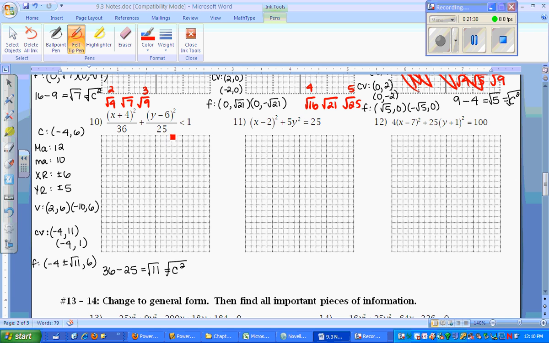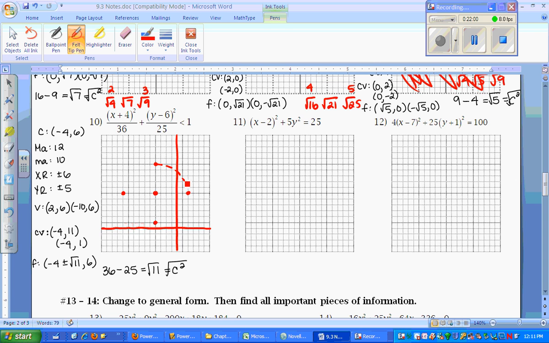When I'm drawing in my axes, I'm going to keep in mind that my center is at negative 4, comma 6. So I'm going to move my y-axis over and my x-axis down so that I can plot negative 4, 6 somewhere near the center. It doesn't have to be exact, but somewhat close, so that I can go to the right and the left 6 spaces, and I can go up or down 5 spaces.